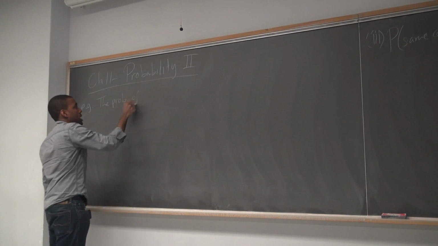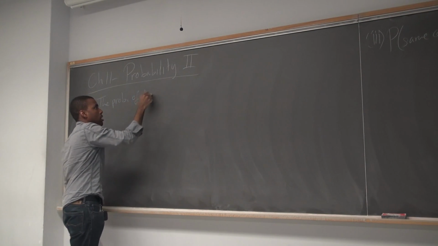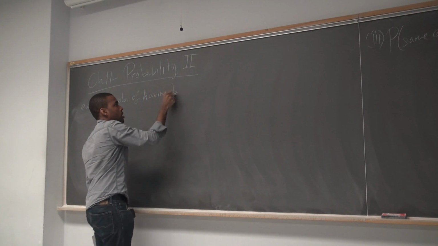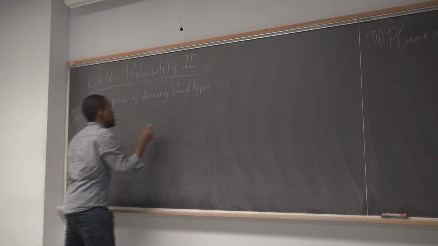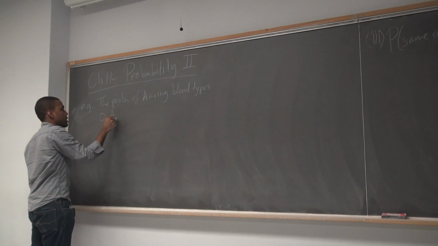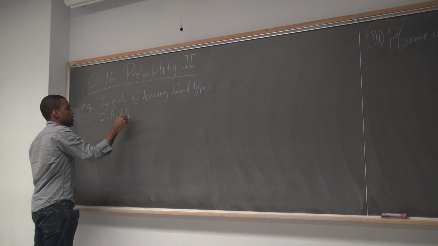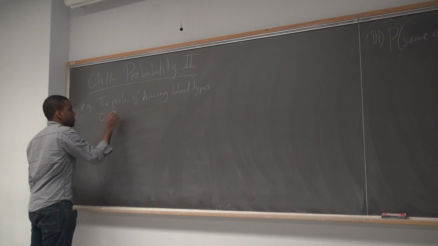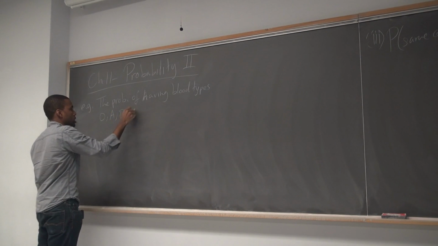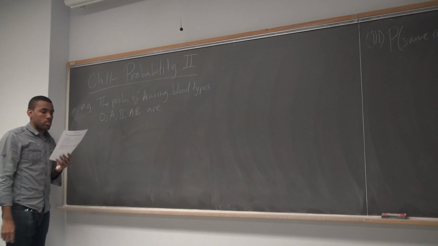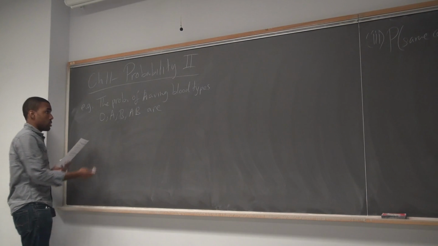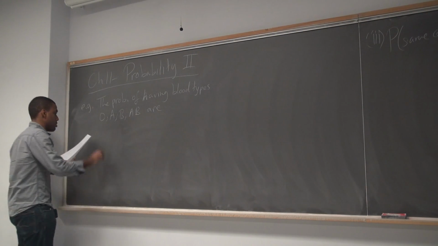The probability of having blood types O, A, B. So in general, we consider there to be 4 blood types.